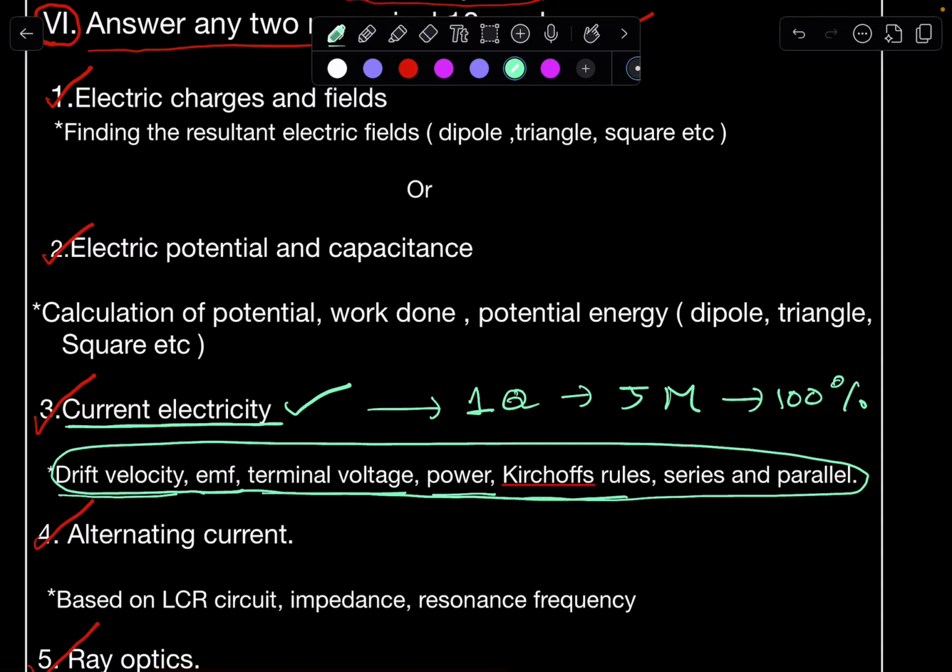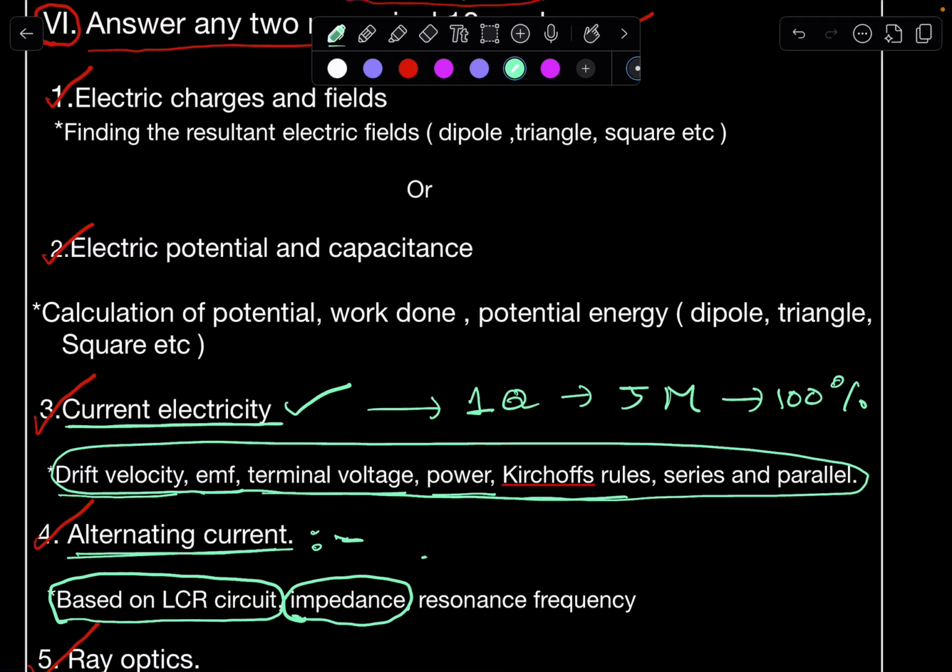One more chapter is alternating current. Here the problems are very simple, I mean direct formula substitution. In alternating current we have LCR circuits. What is the formula? Impedance, which you already know: Z is equal to under root R square plus (XL minus XC) whole square.